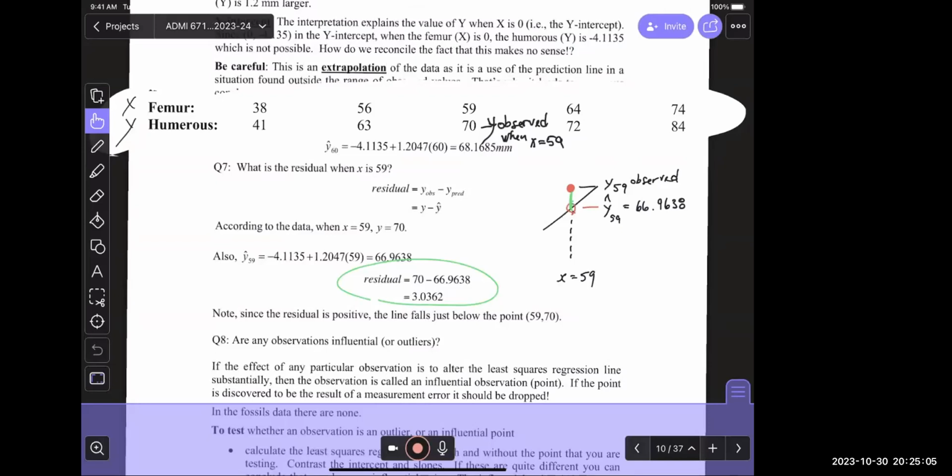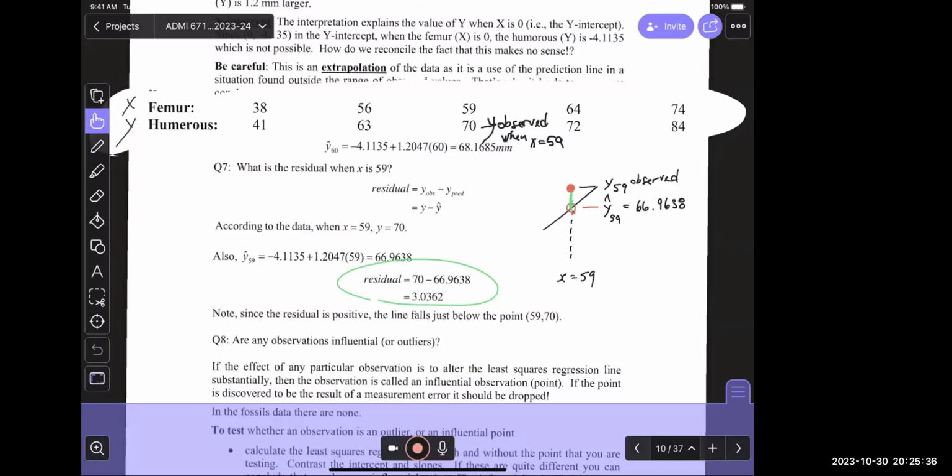Okay, so the next question is, are there any influential observations or outliers? In this case, no. All the data in this problem was close to the line, but the way that you would determine if there was an influential point is to find the prediction line with and without the point.